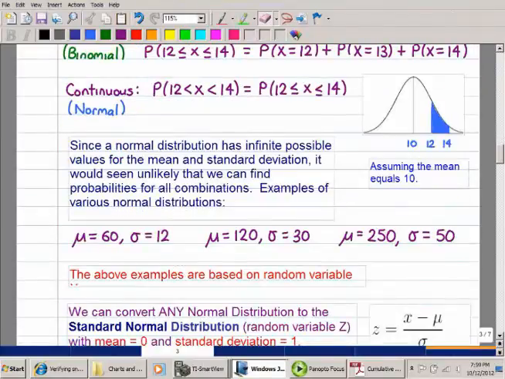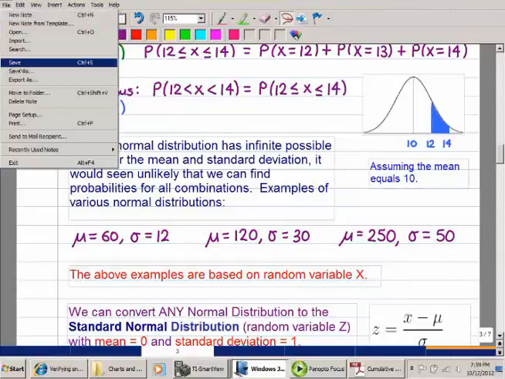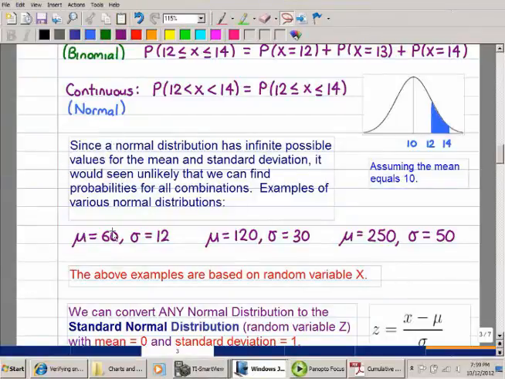Now, similar to the binomial situation where we had a binomial table for different values of n and different values of p, there's no table that can cover everything. That's also true for the normal. I just wrote some examples here of normal distributions that could be: mean 60, standard deviation 12; mean 120, standard deviation 30; mean 250, standard deviation 50.